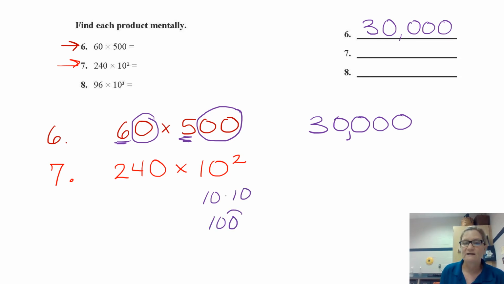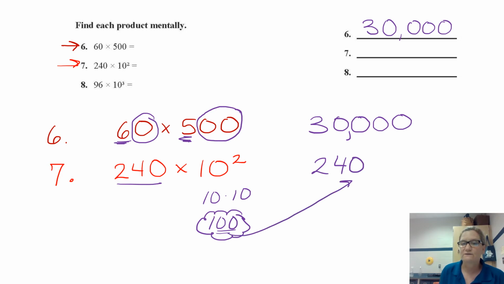So I know this is 100, and I know 100 has 2 zeros, so I'm just going to add the 2 zeros to 240. So 240, and I'm going to add 2 zeros to that. And then I have a comma here. So my answer is 24,000.